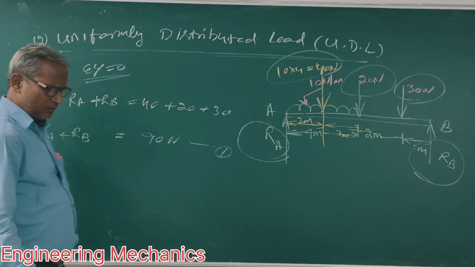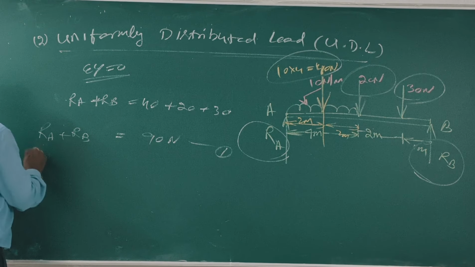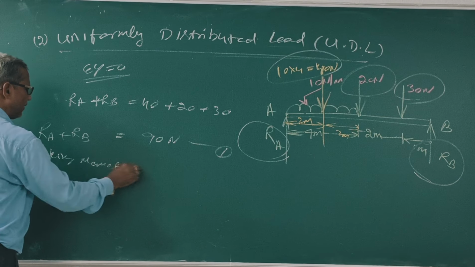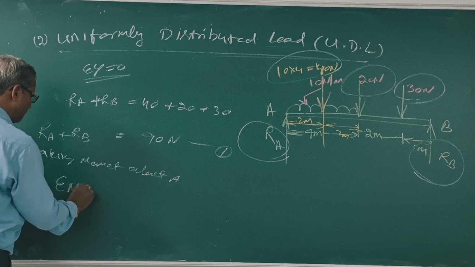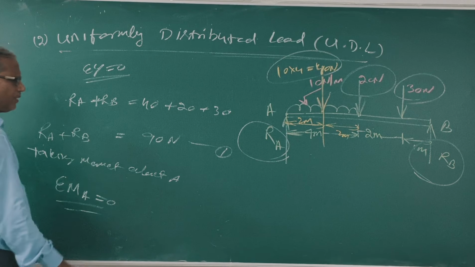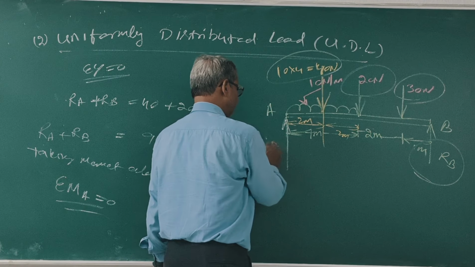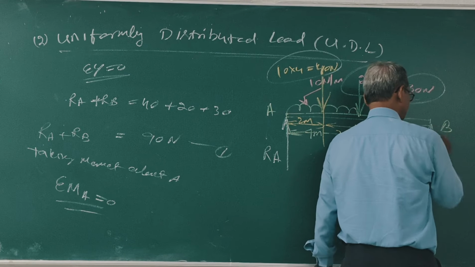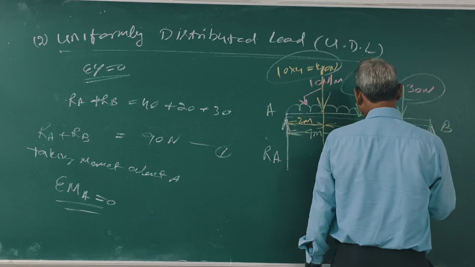Now, take moment about A, that is summation M is equal to 0. Clear? About A, this is RA. This is RB. This is 2 meter.